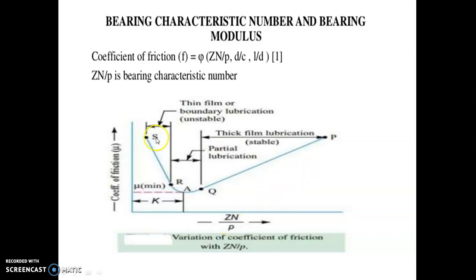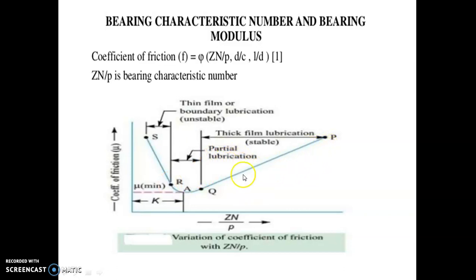So it is giving this graph, and it is divided into three parts: PQ, QR, and RS. PQ represents thick film lubrication, RS indicates thin film lubrication, and QR represents partial lubrication.